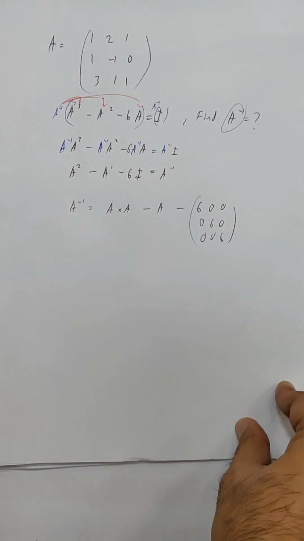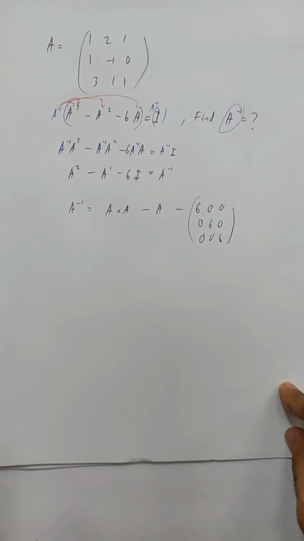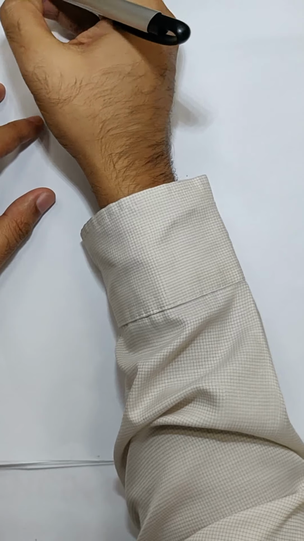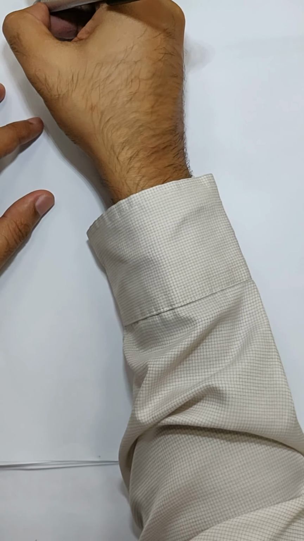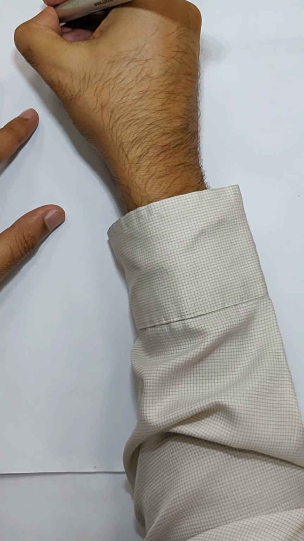But properties can also be used for you to find something else, not just A inverse. Let's say if you're given something like this, this is not finding A inverse, okay? But you use the same technique.